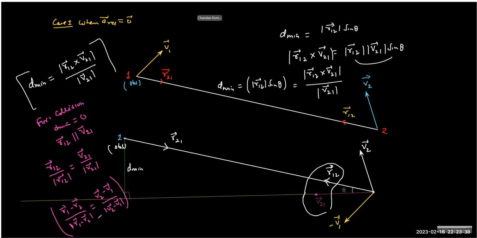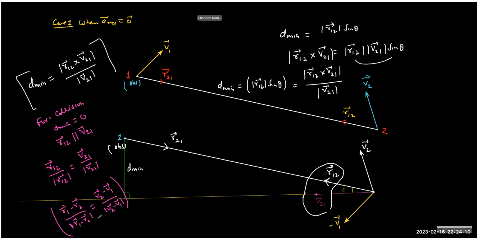From the triangle you can say, na? Yeah, using cos theta. And in fact, you can derive the answer for time in vector form. R12 cos theta by V21. Correct.